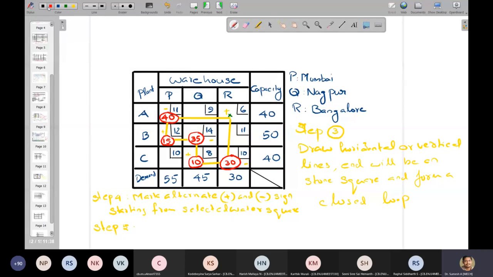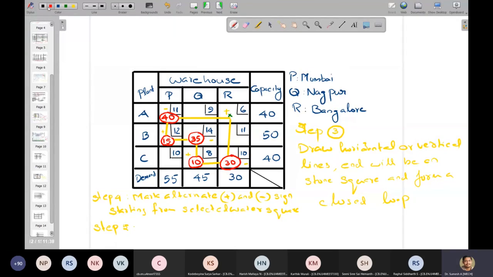The sign indicates that these are the occupied cells. From these occupied cells only I can move some quantity to AR. From the occupied cells only I can move the data or the quantity to the unoccupied cell.